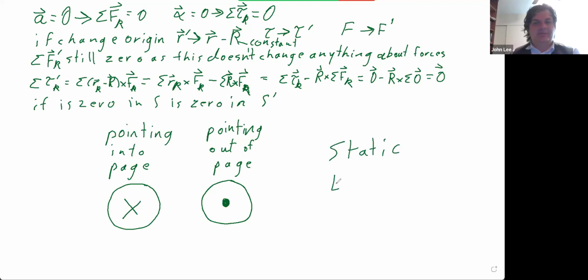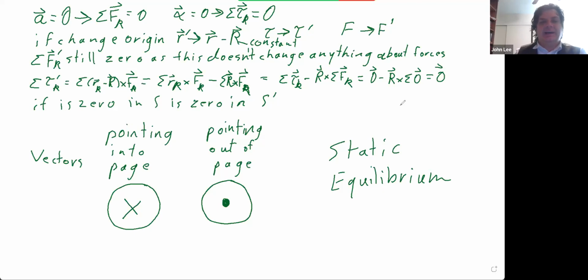Just before we do any examples, I want to go over vectors which are pointing into the page versus pointing out of the page. We know that if you have a vector that's pointing along the page, it's just an arrow.